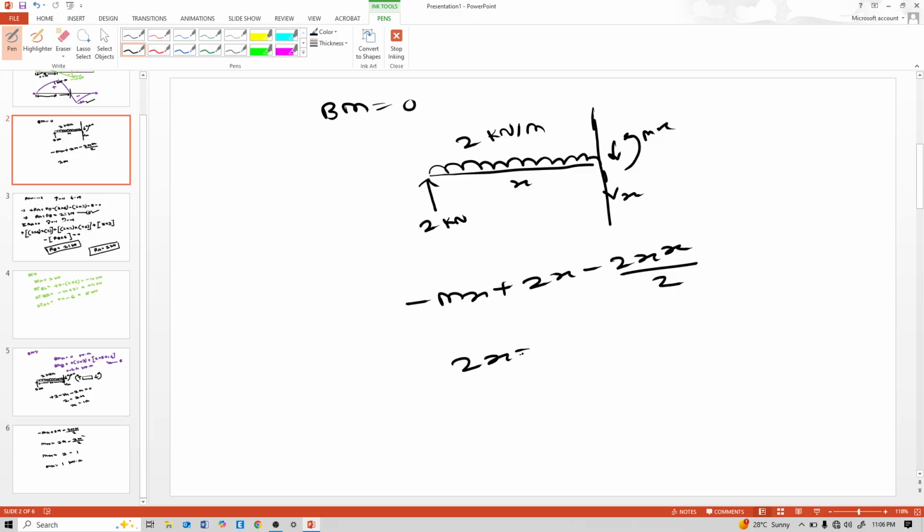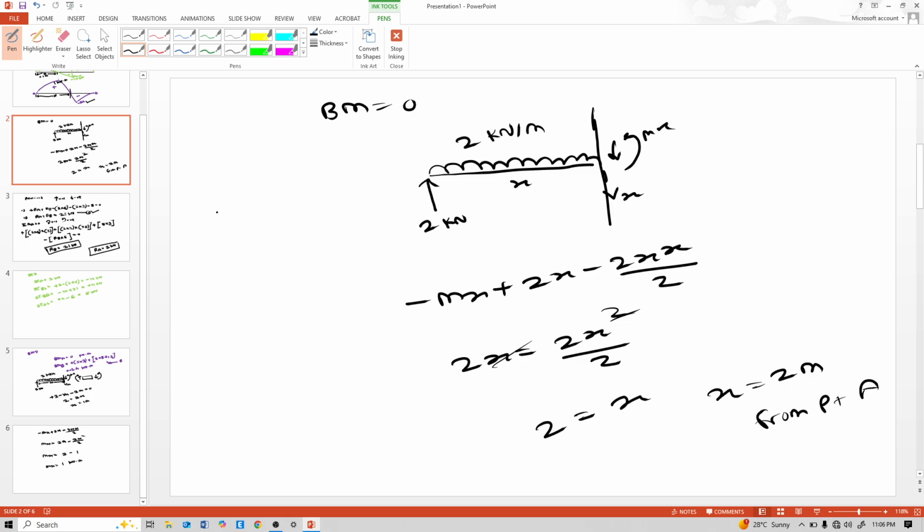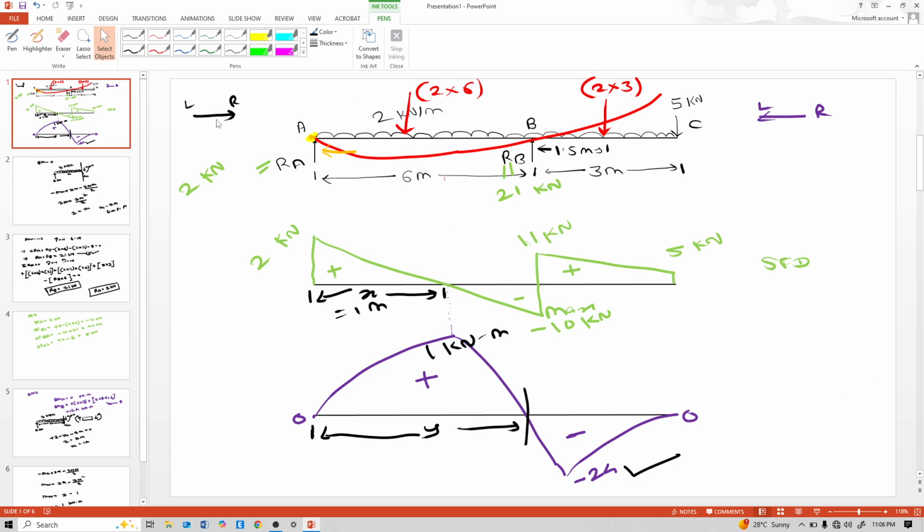That means 2x is equal to 2x square by 2. This x gets cancelled. This 2 is equal to x. So x is equal to 2 meter from point A. So this is 2 meter.